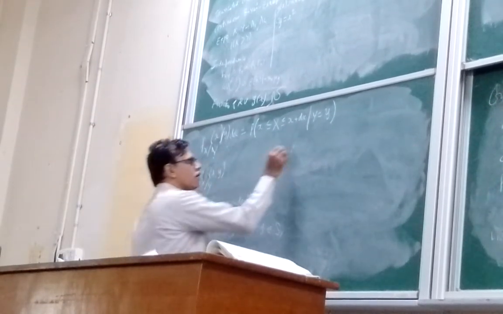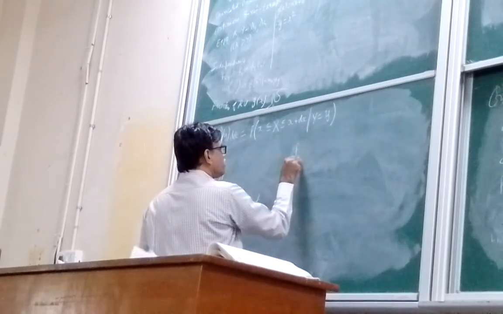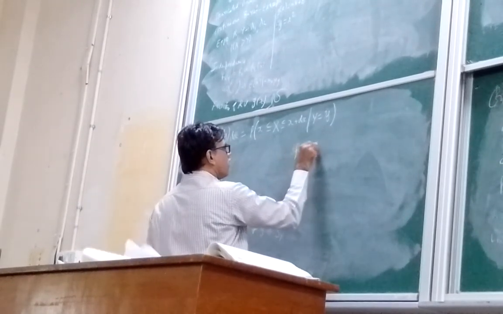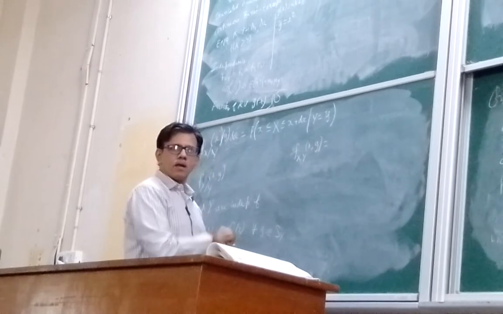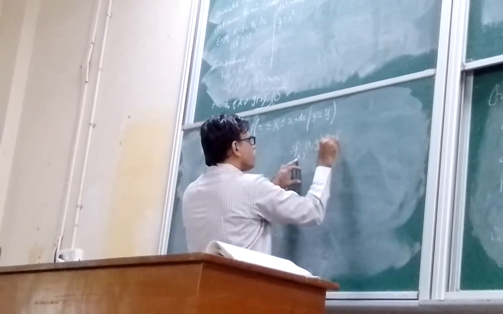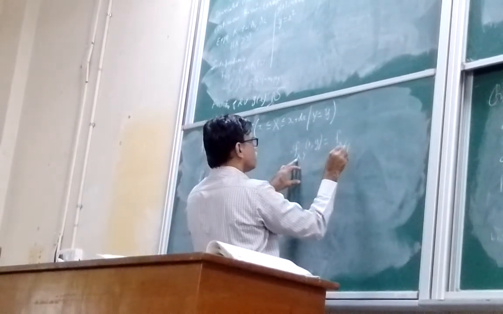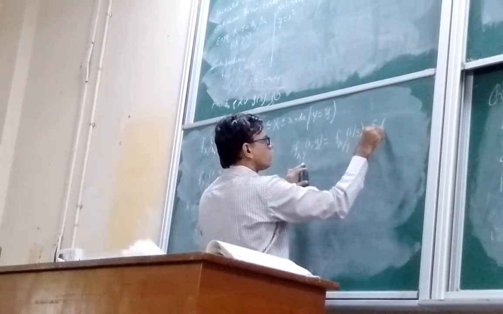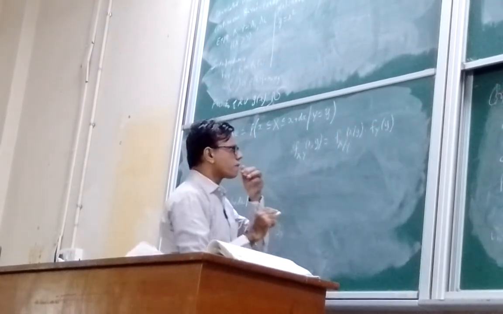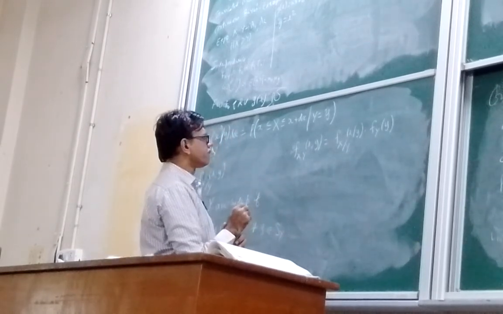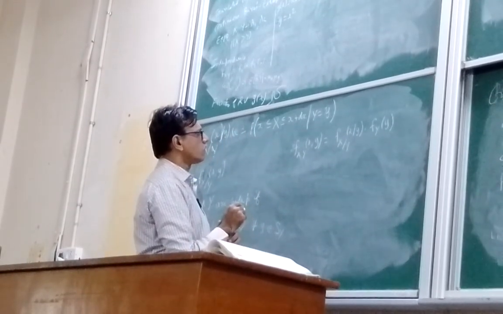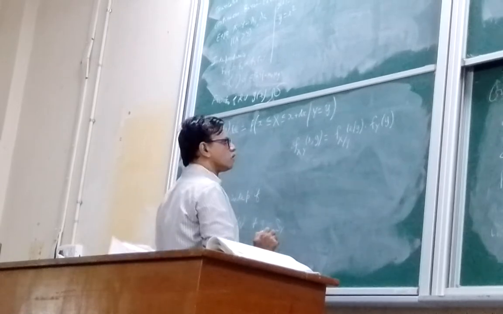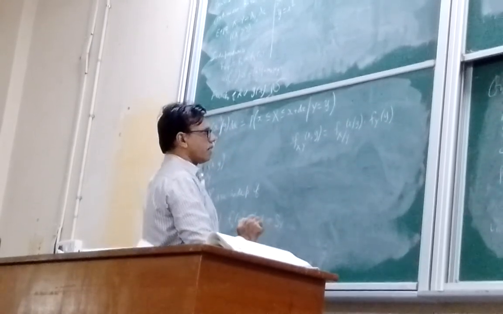So what we can always do is write f(x,y) of x comma y as f(x|y) times f(y), or the other way also we can do it.